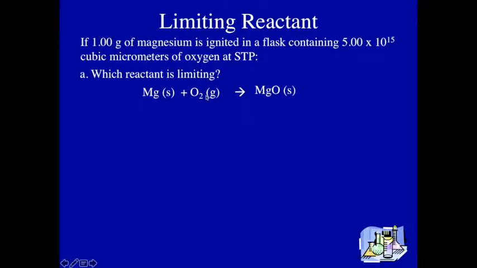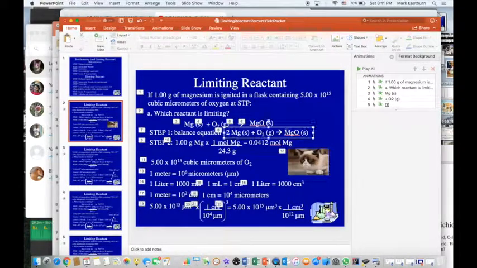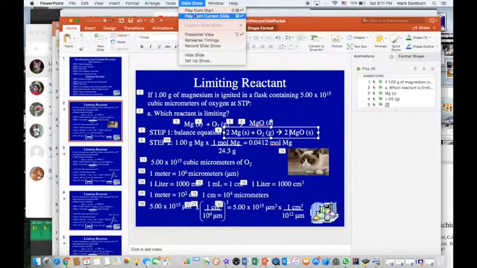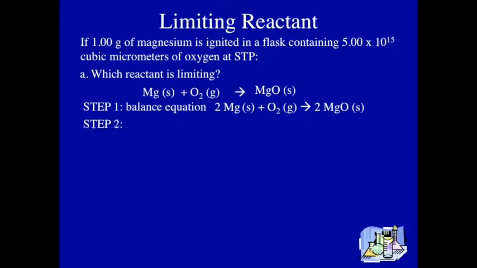O2 occurs in nature, so we have to balance it in a way that gets our O2 to behave as it should, plus 2 magnesiums in this case, and then we make magnesium oxide. I just realized that is not correct. So now, back to where we were. That is a balanced equation: 2 oxygens, 2 magnesiums, 2 magnesiums.